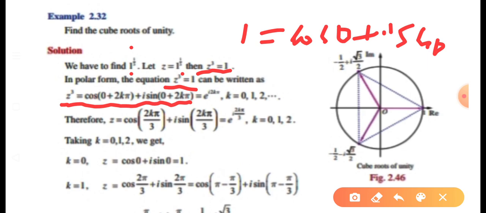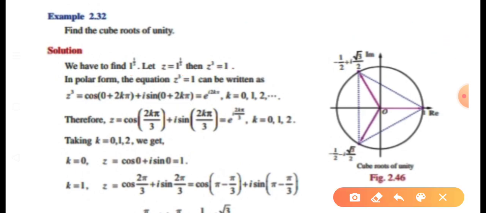Adding 2kπ to the argument, we get cos 0 plus 2kπ plus i sin 0 plus 2kπ. In Euler form, e power i 2kπ, where k is equal to 0, 1, 2, etc.